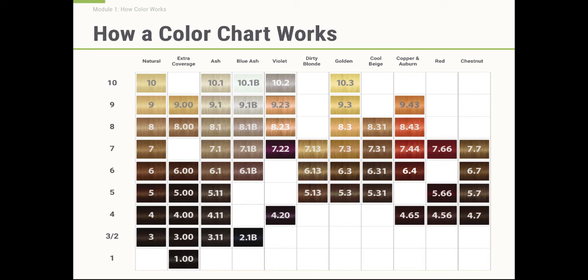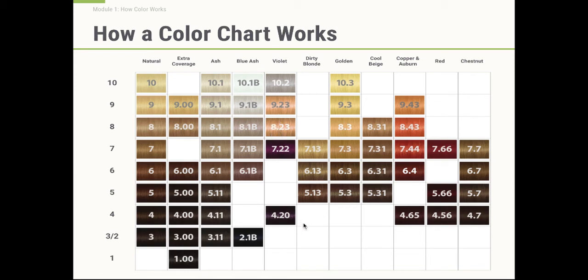So that is basically how a hair color chart works. And any tube that comes your way, you can look at it and say, okay, it's 8.2. I know what that is. 8 is light blonde, and 0.2 is violet reflex.